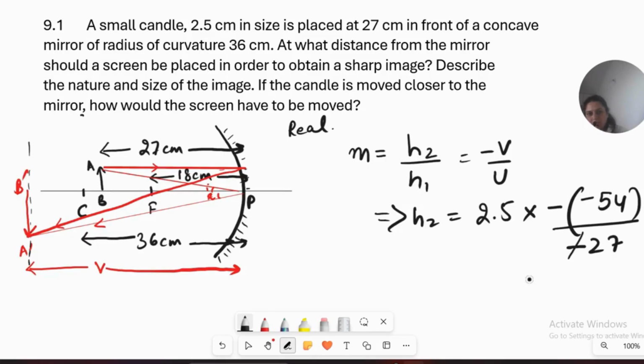So we can see that the height of the image is coming out to be minus 1 centimeter. The negative sign indicates that the image will be formed below the principal axis.